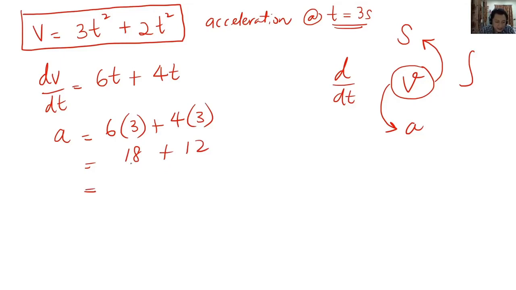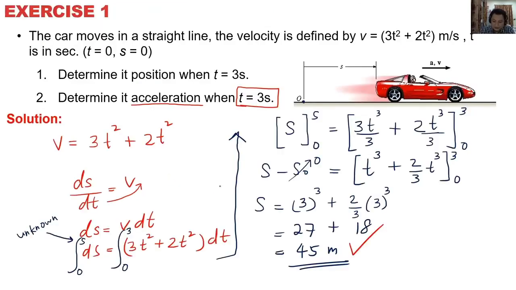What do you get? 18 plus 12 is 30. What is the unit? Meter per second squared. What was the previous unit? This is meter, correct.